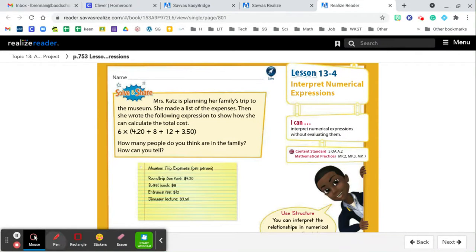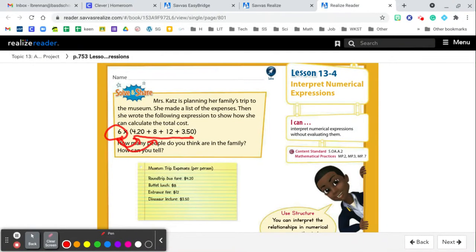This one's kind of easy because all this information combined are the expenses times 6 people. And how can I tell? Because this 6 is distributed between all the values.